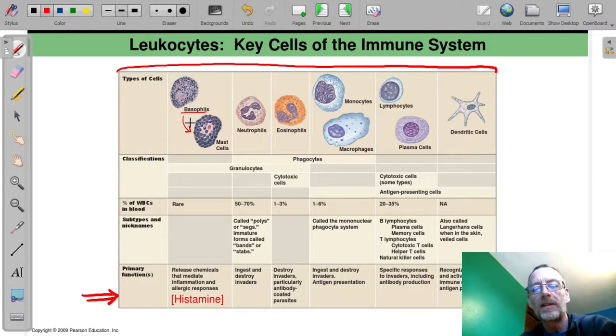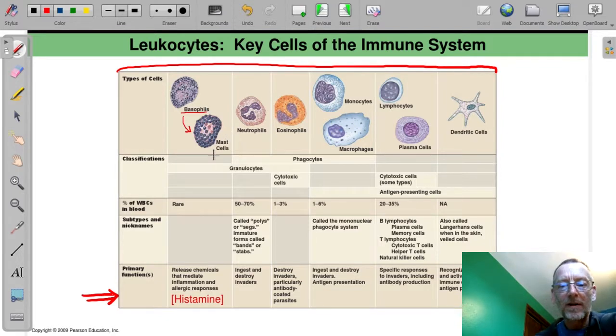If they're circulating in the blood, we call them a basophil. If they're out in the tissues, we call them a mast cell, because many white blood cells can migrate in and out of the blood system. So they go into the tissues and then they go back into the blood. They climb out of the blood vessels and climb back into the blood vessels. That's just part of their normal surveillance duties.